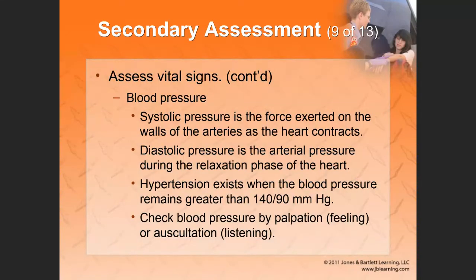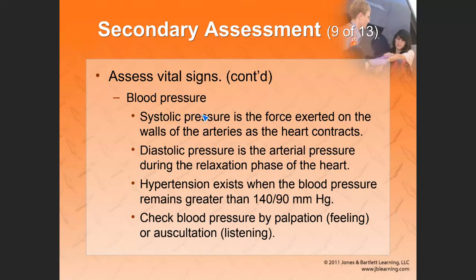Now, blood pressure. As I say, I'm not going to be teaching this particular group how to obtain a blood pressure, so not going to spend a lot of time on this, but just understand that the blood pressure is written as a fraction. And as you can see here, for this particular blood pressure, 140/90, the 140 represents what we call the systolic pressure.